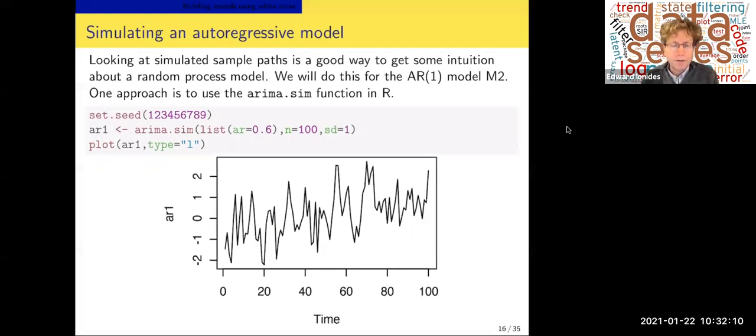I've generated a simulation from the ARMA model with AR 0.6, no MA component, SD equals 1, 100 time points. And here you get what comes out of this. It's a time series. What can we say about it?